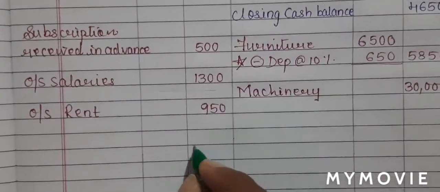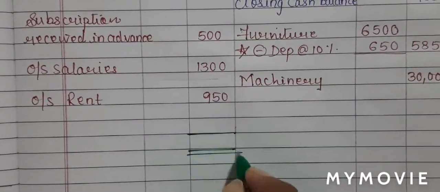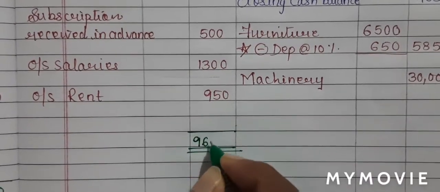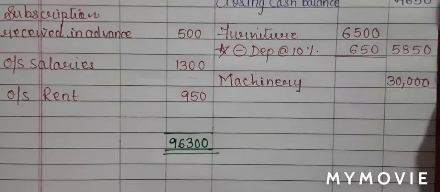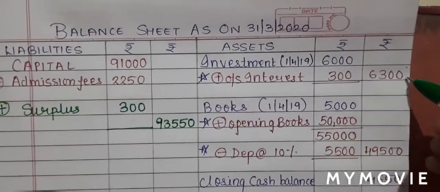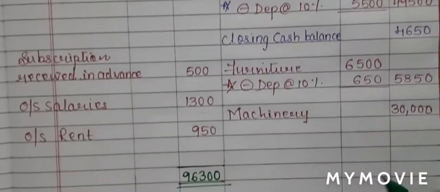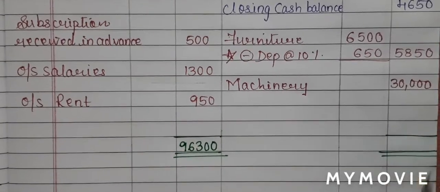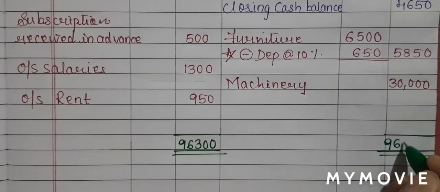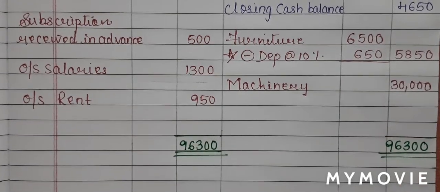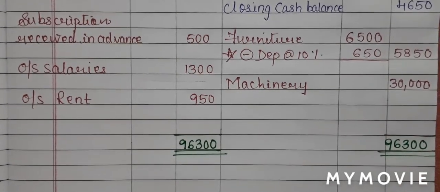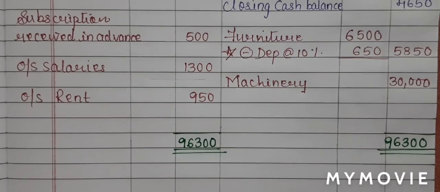When I total the liability side, I get the total 96,300. Now I will also total the asset side. When I total the asset side, I get the same total as my liability, that is 96,300. With this students, we have tallied our sum number 12, and I hope you have understood the sum.